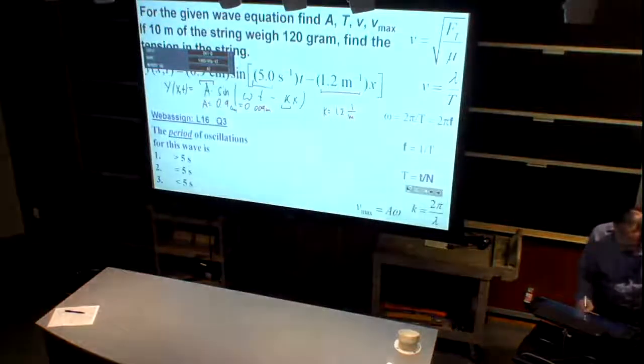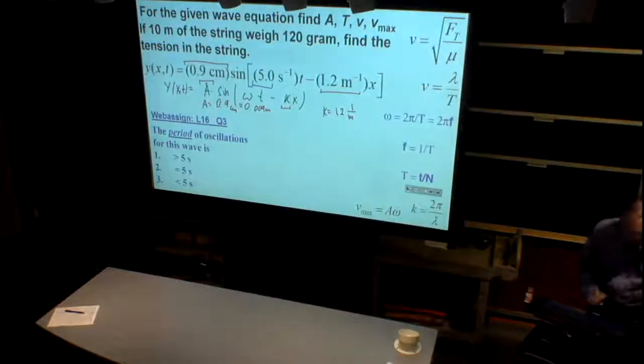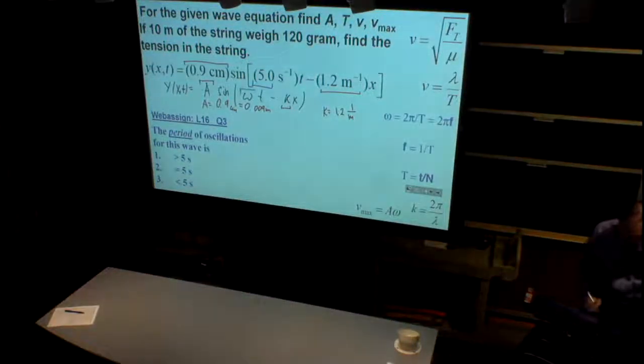If we look at this specific equation and this general equation and compare, you see, the variable is connected to this constant times t. So this comparison tells us omega is equal to 5. So if omega is equal to 5, the period just can't be that, it's radians per second.